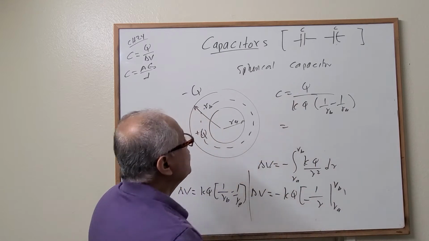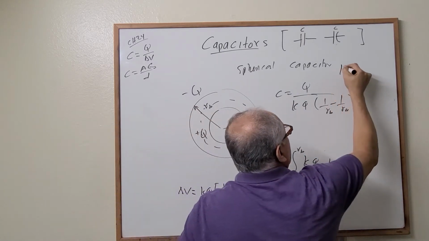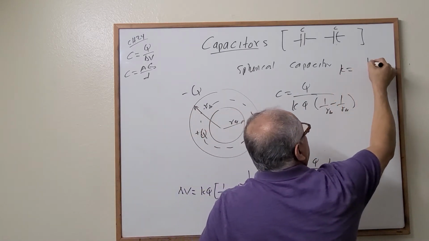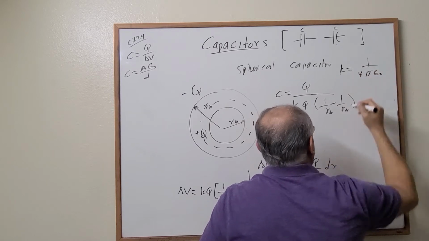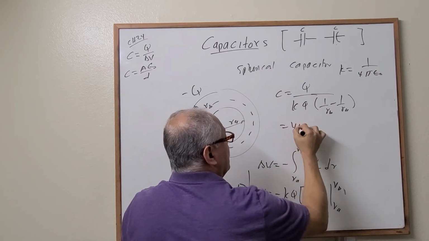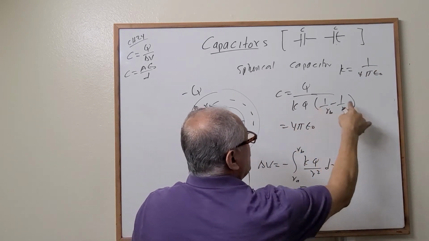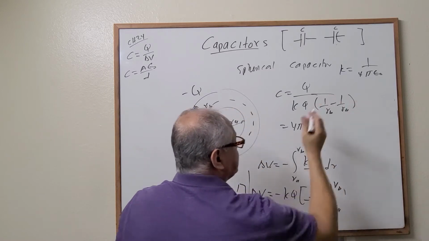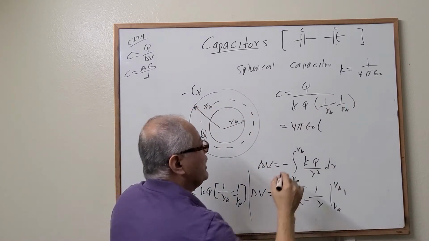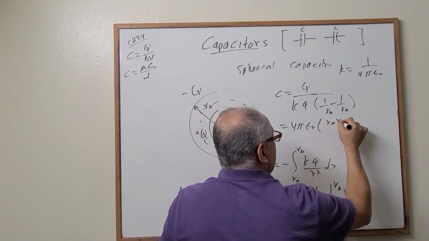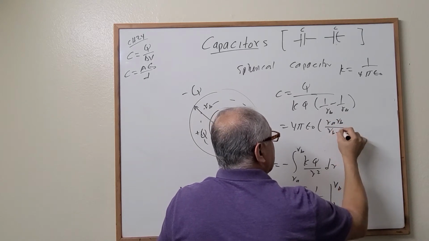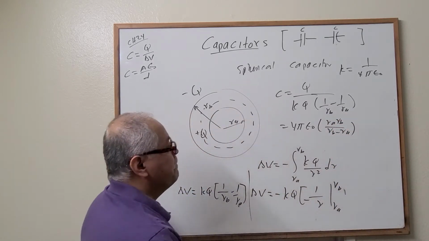The charges cancel. Also remember that k, the Coulomb's constant, is equals to 1 over 4 pi epsilon naught. Now this becomes 4 pi epsilon naught. Also we can work with this fraction right here. What do we have? This is RA, RB divided by R sub B minus R sub A. Correct?